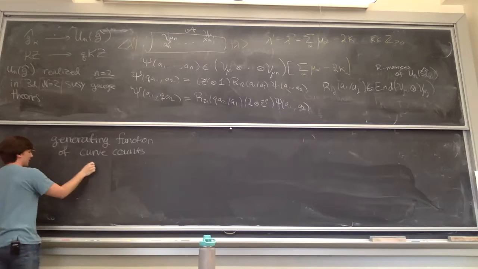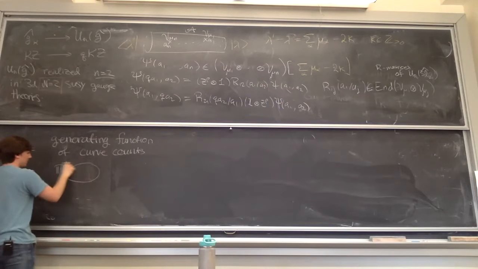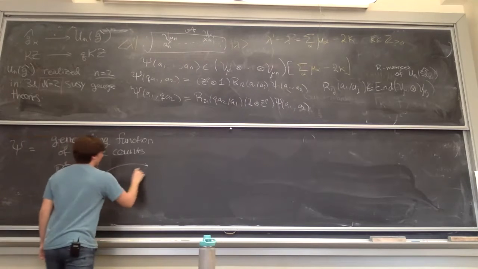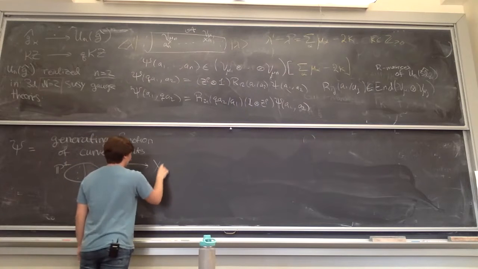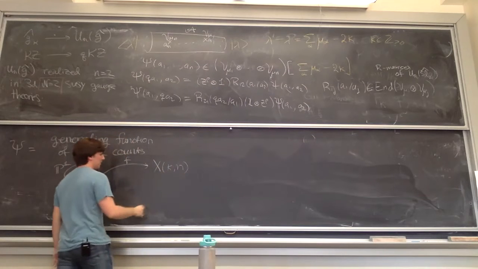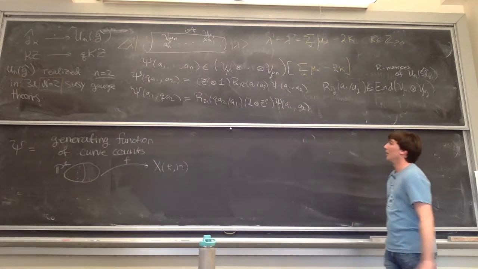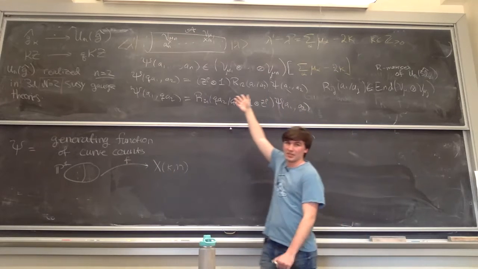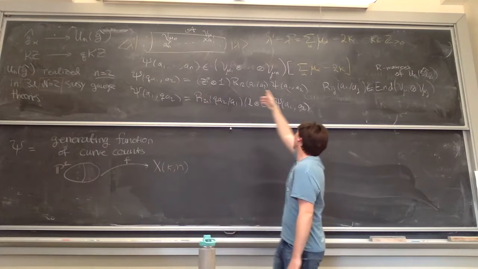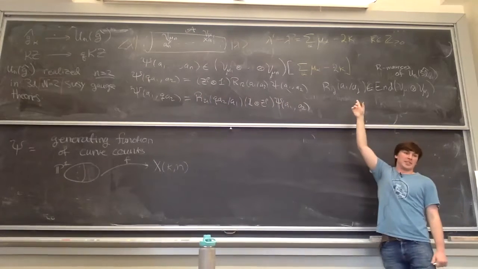And they usually look like maybe you got P1, and this gets mapped in some space, which for me will be labeled by 2 integers, and the integers just correspond to basically the number of punctures on A and the weight subspace that you're in.